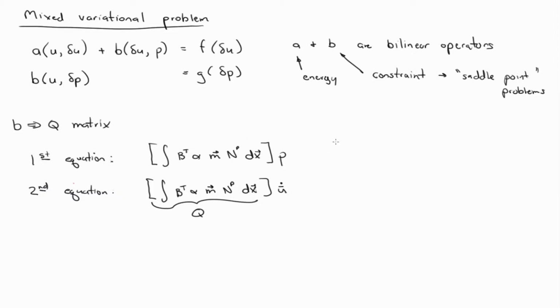And of course, backing up to our bilinear operator, in the first equation the del U would be B transpose, which, remember, B transpose is like the gradient of the U-shape functions. And then the P would be the P shape function.